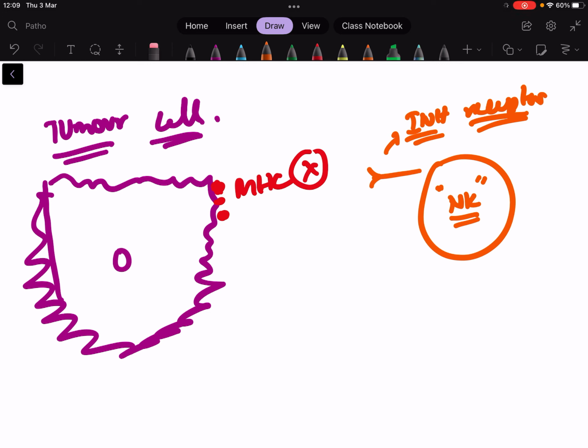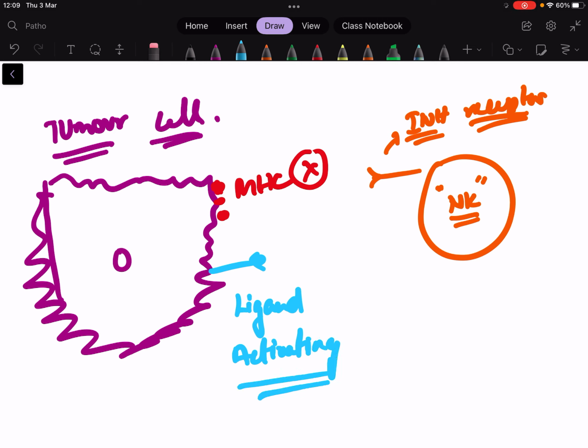And not only that, tumor cells will express a ligand. This is called your activating ligand. This activating ligand will go and activate the receptor present on your natural killer cell, and this receptor is called your activating receptor.